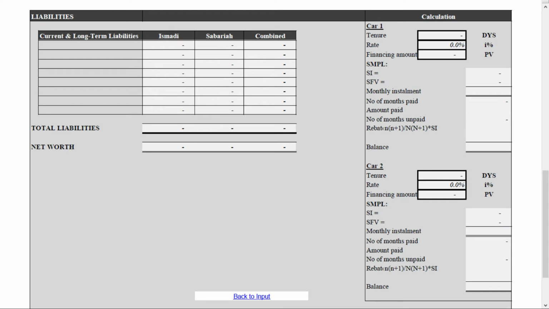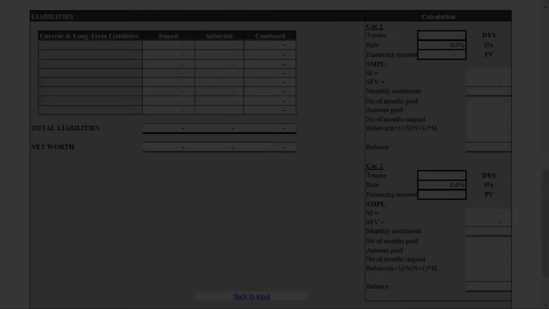Then we have liabilities which consist of current and long-term liabilities. Current liabilities are those which can be settled in the short term, while long-term liabilities take more than 3 years to settle, for example, home mortgage.